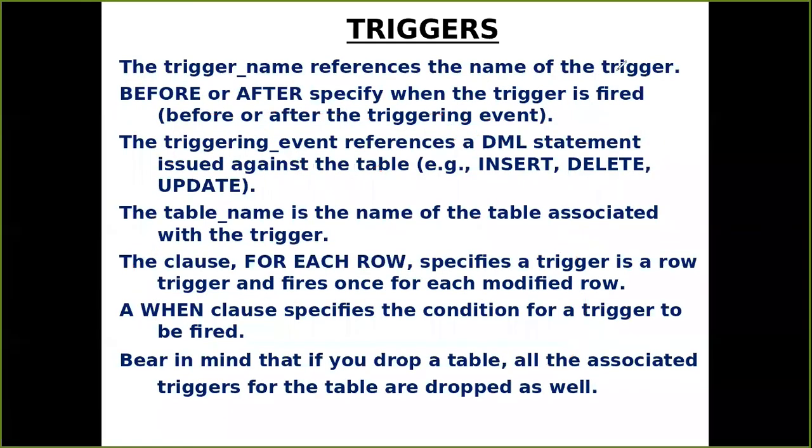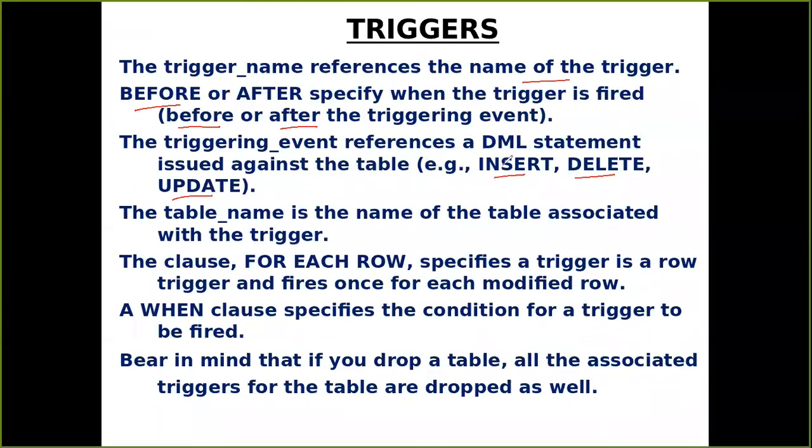So let us start with before and after. As the name specifies, trigger name references the name of the trigger. Before or after specifies when the trigger is fired. It can be fired before the event or after the event. Now what is an event? An event is basically insert, delete, or update.